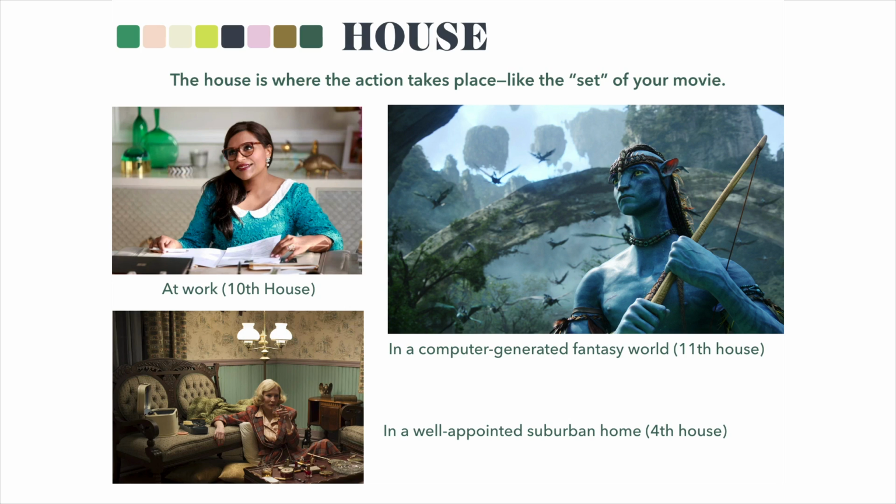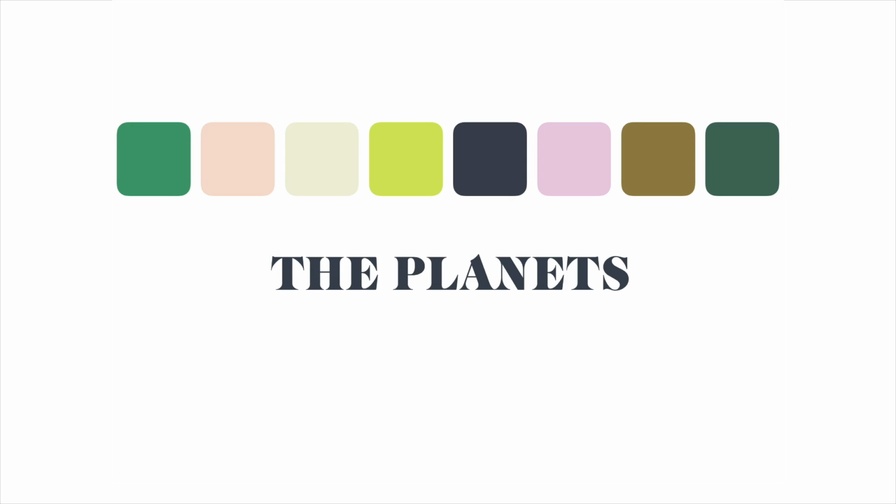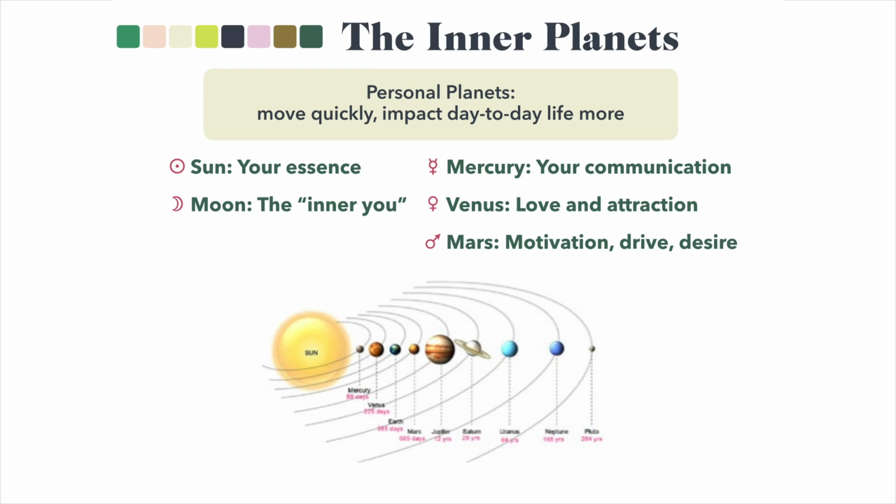And if you have planets in, for example, the 4th house, which is very domestic and settled and suburban, your movie set might look like the movie Carol, with a beautiful, well-appointed home, but a lot of secrets happening inside. So let's look at the planets a little more closely.